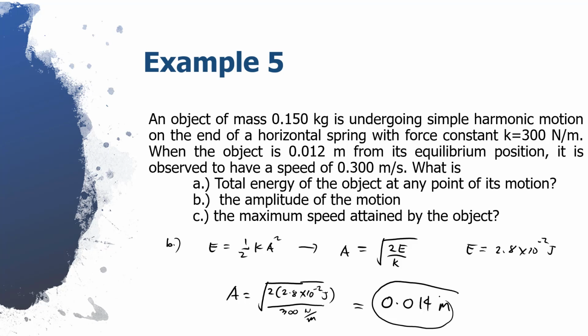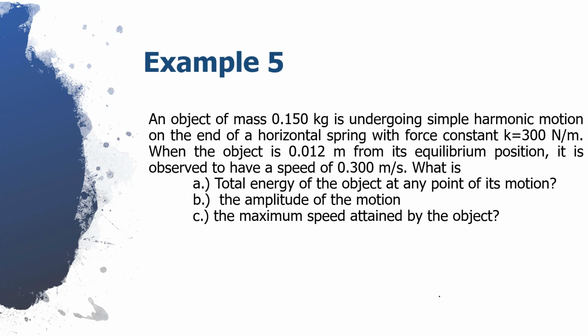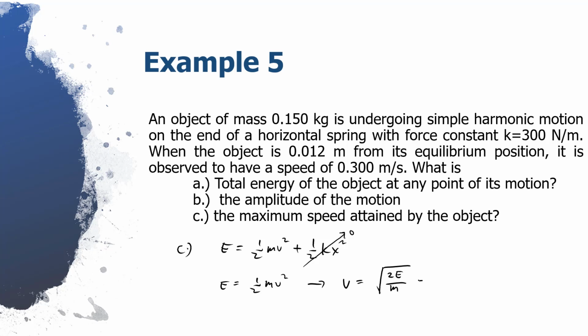Last, we have the maximum speed attained by the object. To solve for the maximum speed, attained when there is no potential energy. So E is equal to 1/2 mv squared plus 1/2 kx squared. Maximum speed can be attained when the potential energy is 0. So E is equal to 1/2 mv squared, and from this, we can solve for the speed, which is equal to the square root of 2E over m.